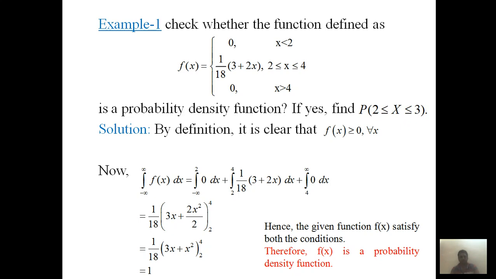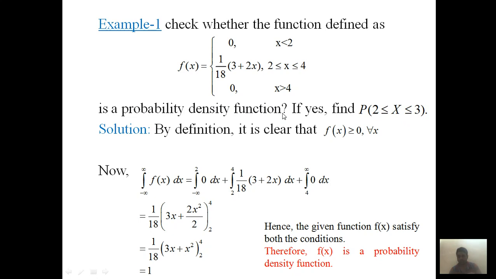Let's see example 1. Check whether the function defined as f(x) equal to 0 when x is less than 2, f(x) equal to 1 by 18 into (3 plus 2x) when x is between 2 and 4, and f(x) equal to 0 when x is greater than 4, is a probability density function.